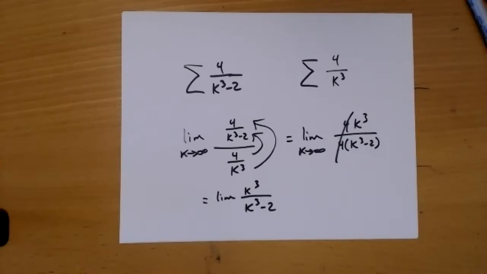Now what do we do? In your head, what's going to happen when we blow this thing up to 1 billion? What's it going to look like? It'll be 1 billion cubed over 1 billion cubed minus 2. What is that?